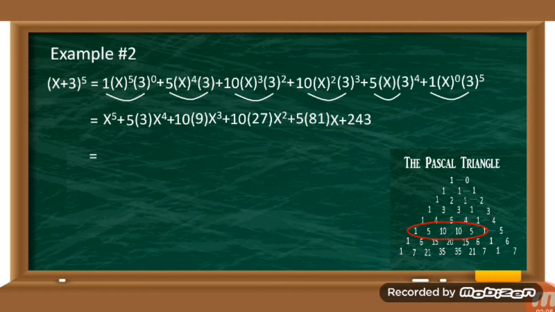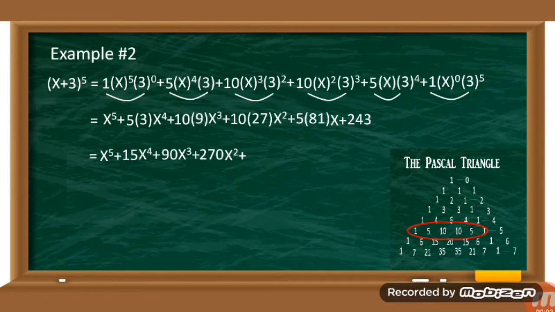So, simplify natin ulit. So, bring down x to the 5th plus 5 times 3 is 15. So, we will have 15x to the 4th plus 10 times 9 is 90. Then, 90x cubed plus 10 times 27 is 270.